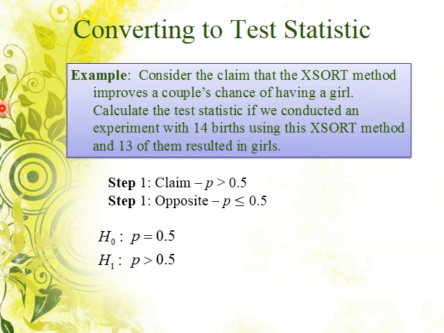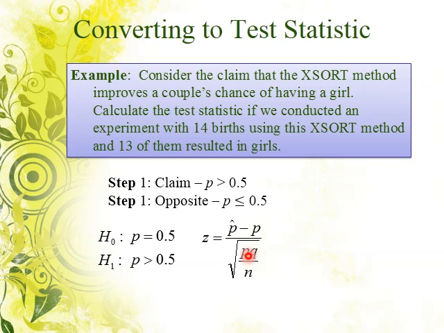So now to calculate the test statistic, we just have to plug in what we know from our sample and what we're using from our claim. So p hat we get from our sample statistic, 13 divided by 14. p is going to be our claimed proportion, or rather our null hypothesis proportion, p equals 0.5.